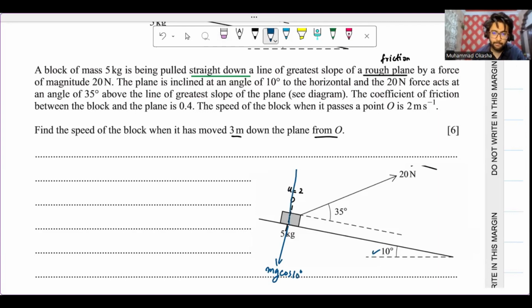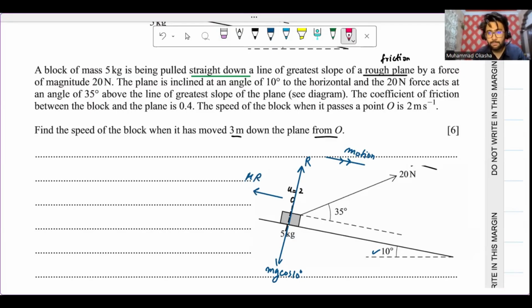Up the plane, I'm going to have R. Because the motion is in this downward direction, this is the direction of motion, right? So the direction of friction is up the plane, and since the body is already moving, it has already overcome its maximum friction. So the value of friction is going to be mu R, force of friction.